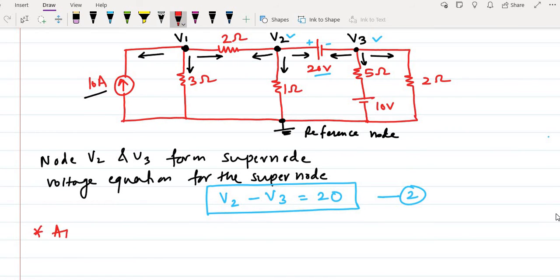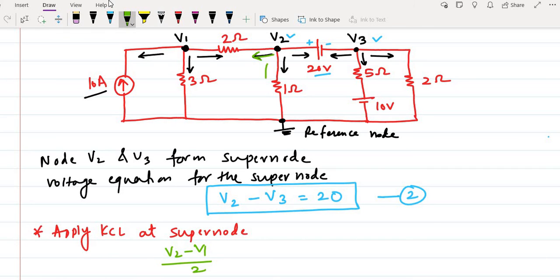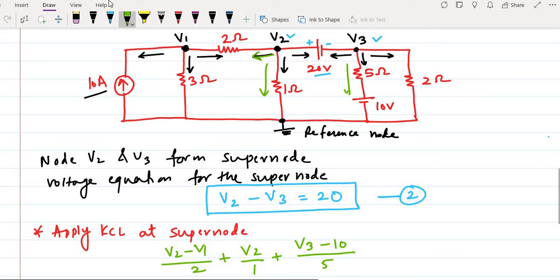Now apply KCL at the supernode. KCL at this branch is (V2 minus V1) divided by 2. KCL of this branch is plus V2 by 1. KCL at this branch is plus (V3 minus 10) divided by 5, and KCL at this branch is plus V3 upon 2 equal to 0.